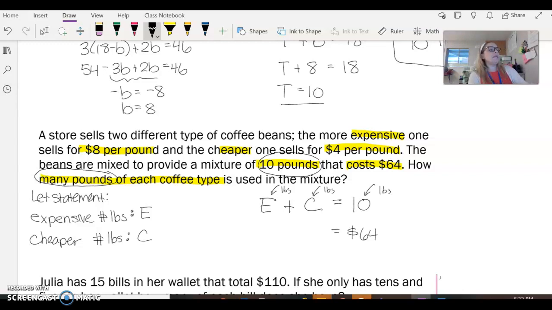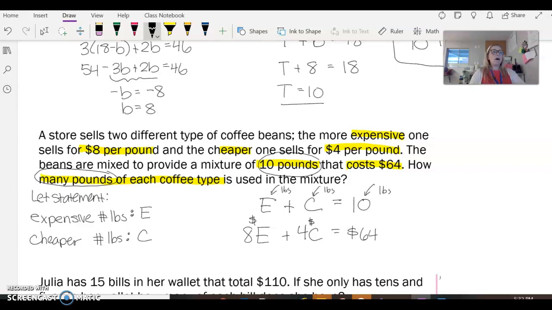So that means I'm going to take the number of pounds of the expensive brand, and multiply it by 8 to find how much money I spent on just the expensive brand. And then I'm going to do the same thing with the cheaper, but it's only $4 per pound. So that's going to tell me how much money was spent on the cheaper mixture. And then we'll get it from there.